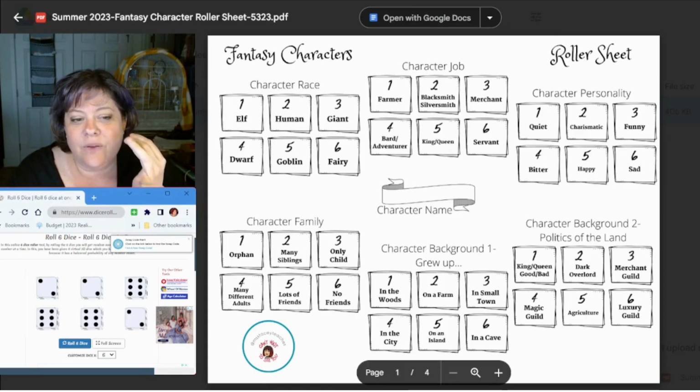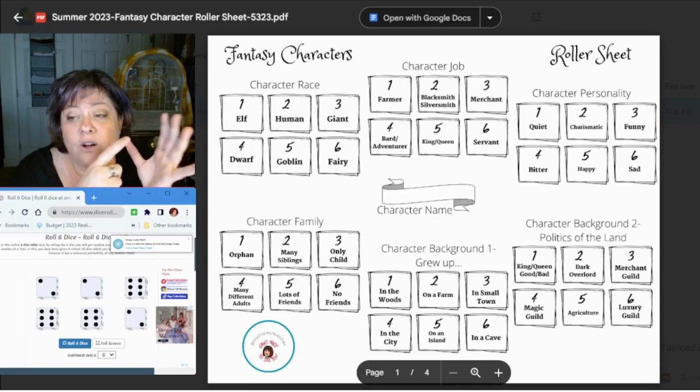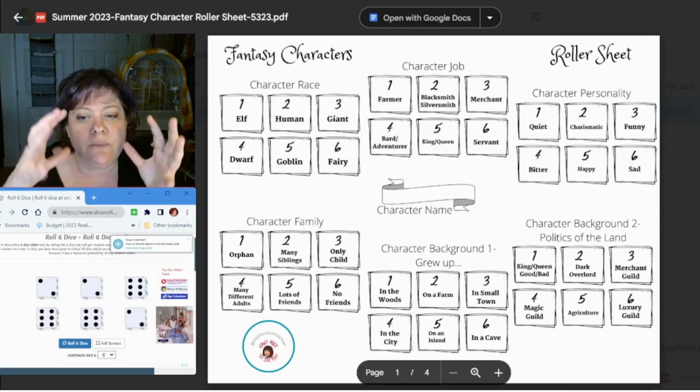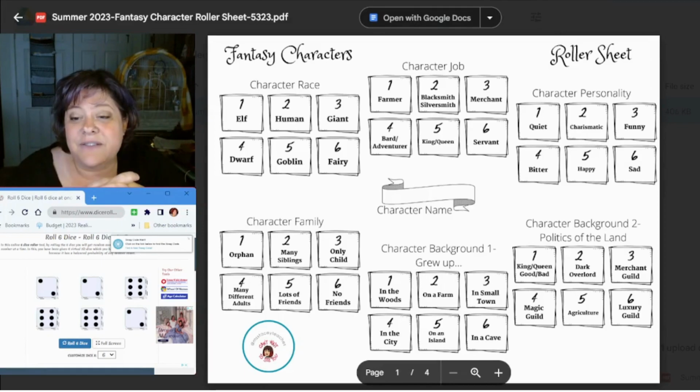For the character's family, you can decide whether they have siblings, or mom and dad, or grandma, grandpa, aunts or uncles, but they have no friends. They were also raised in a cave. And in this story, the politics of the land, they have a dark overlord.